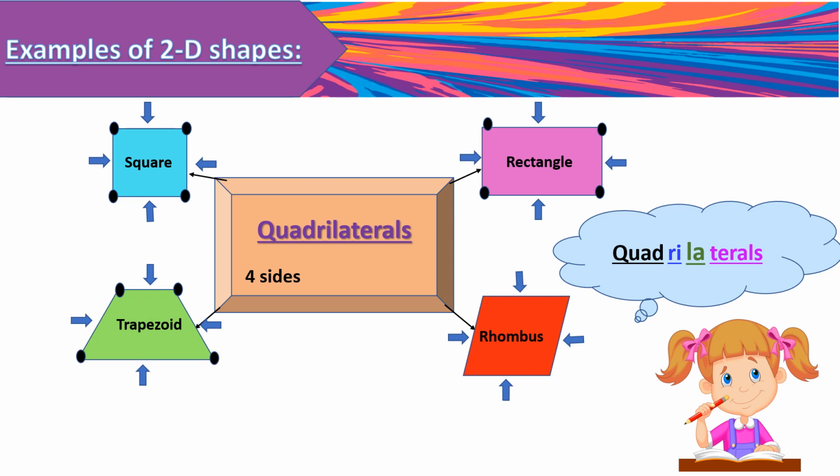And rhombus. 1, 2, 3, 4. So all of them have 4 sides and 4 vertices. So they are called quadrilaterals. So any shape with 4 sides and 4 vertices is called a quadrilateral.